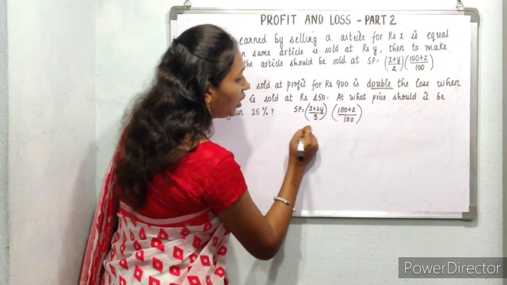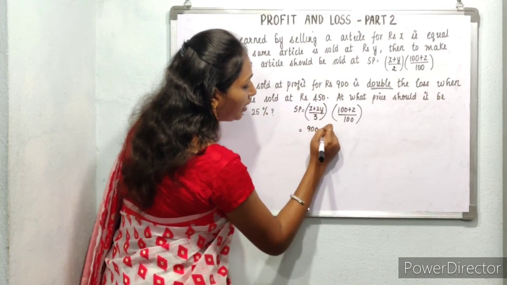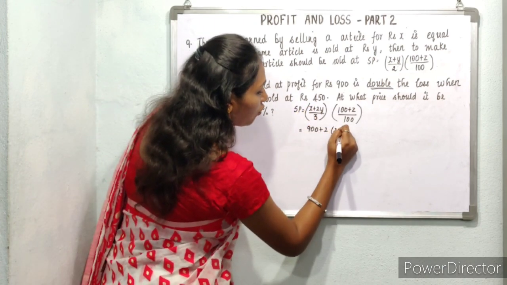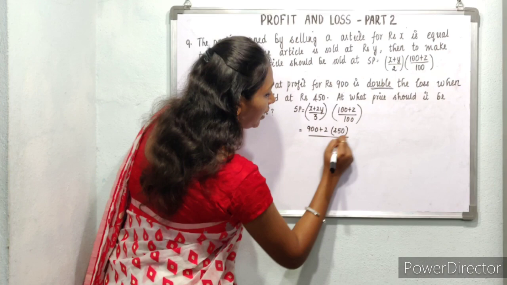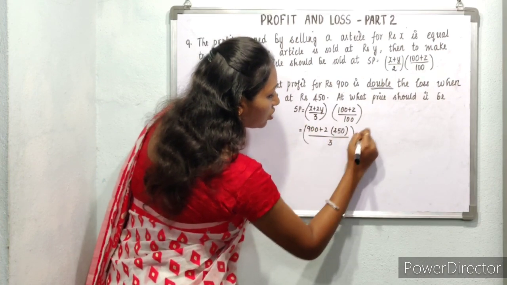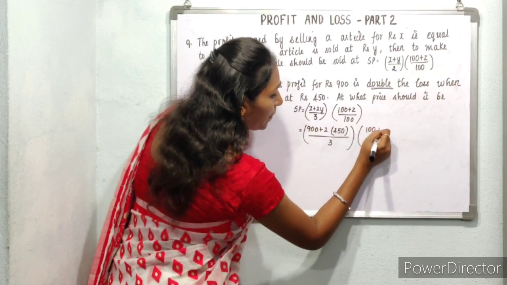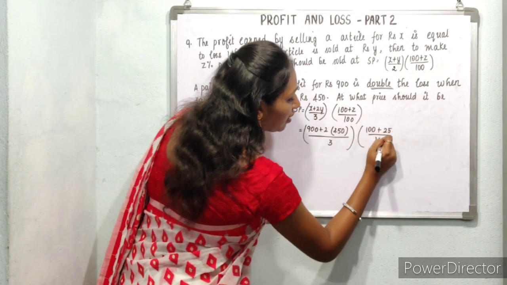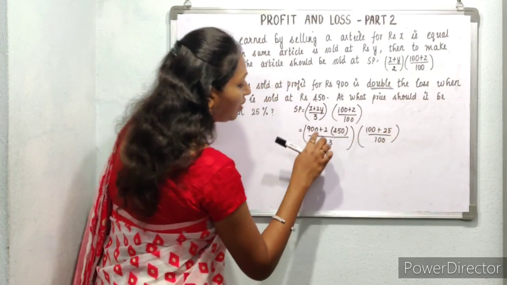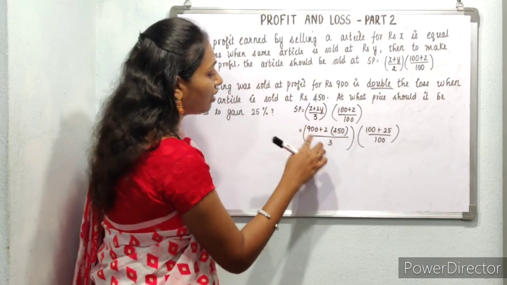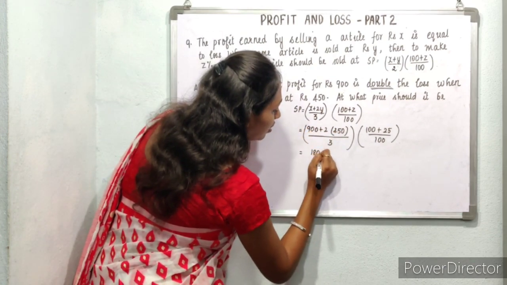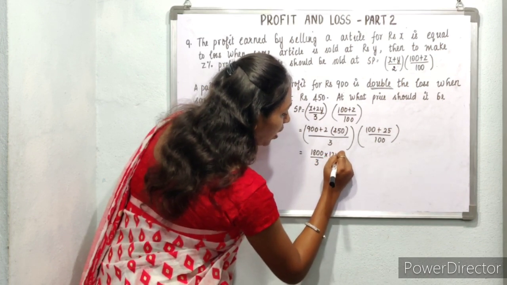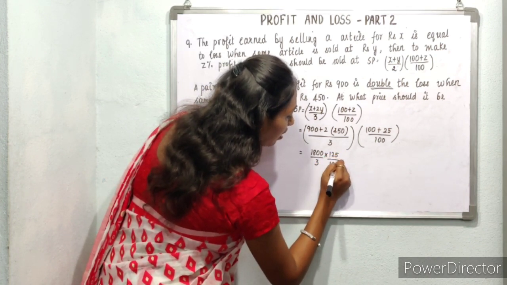Now substitute the values. X value is 900 plus 2 into Y value 450, divided by 3, into 100 plus Z value 25 divided by 100. So we have 2 into 450 is 900. 900 plus 900 we have 1800 divided by 3 into 125 divided by 100.